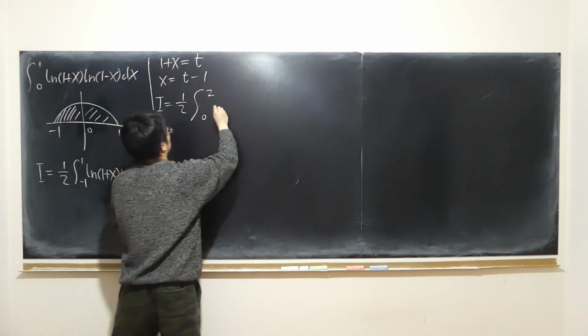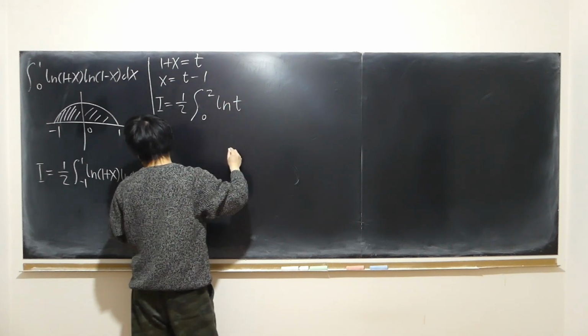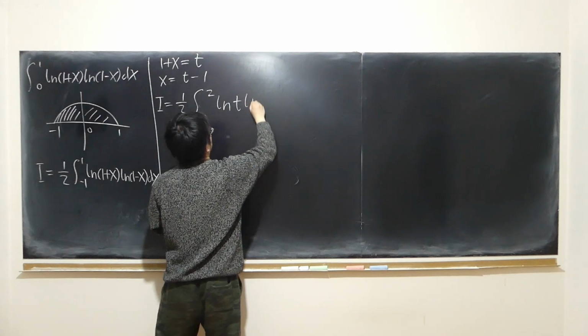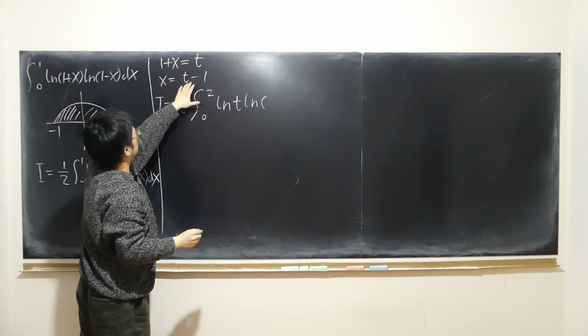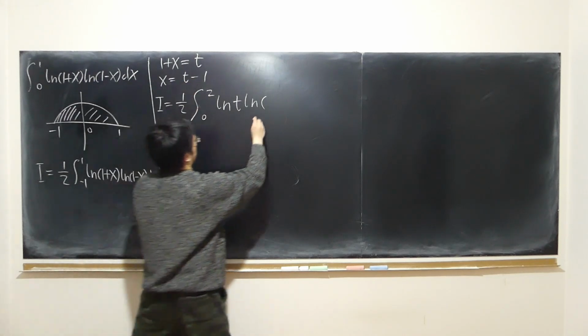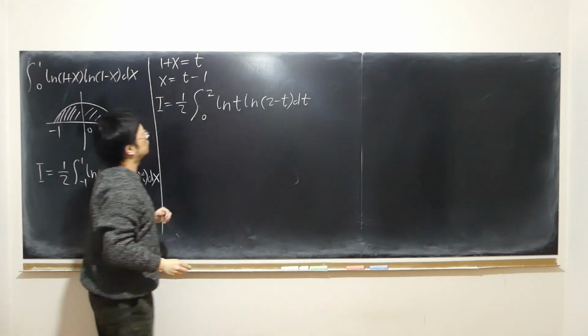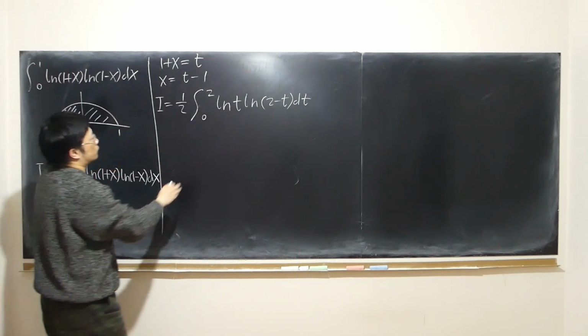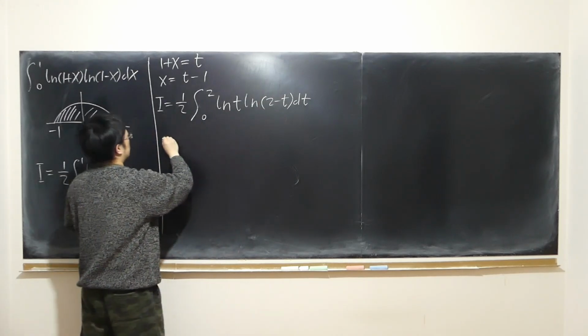We have log(1 plus x) becomes log t, times log of 1 minus x, 1 minus this part. All right, so 2 minus t, in fact, dt. Right? So from here, we can easily just extract 2 out of here.